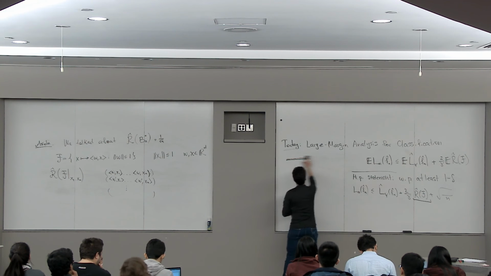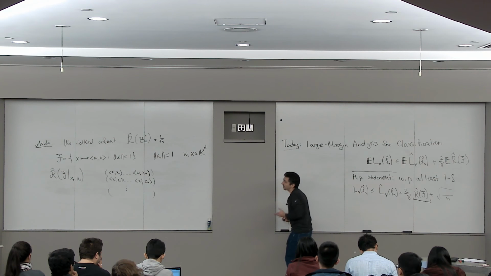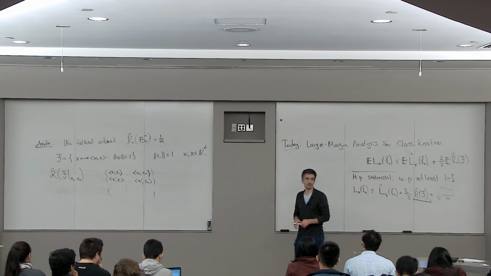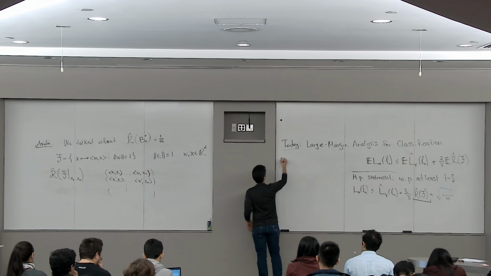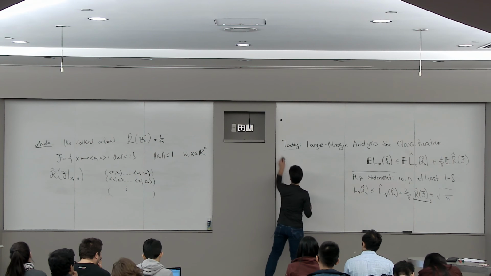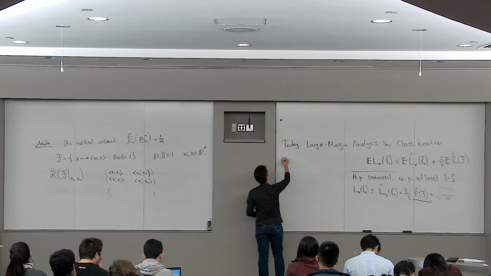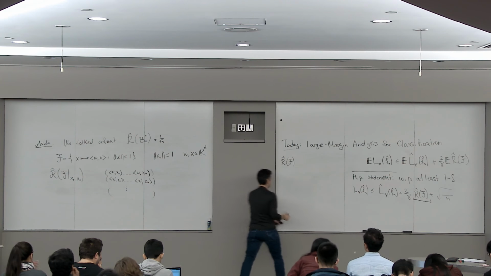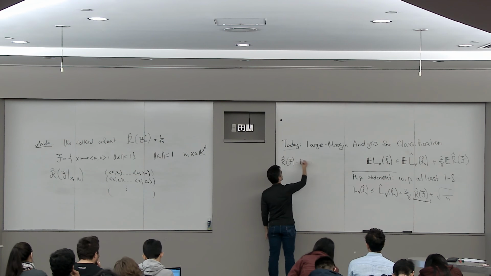So, the thing is that you don't have to actually explicitly describe this projection, right? All you have to do is to look at, so what is the r hat of this f, this particular f? Well, let's just write it out.